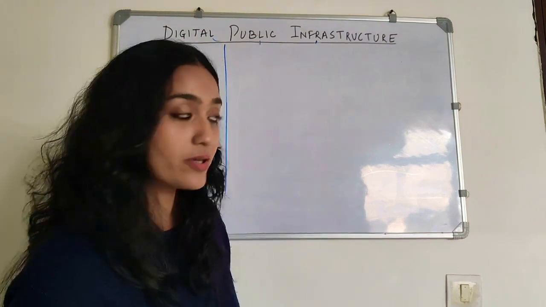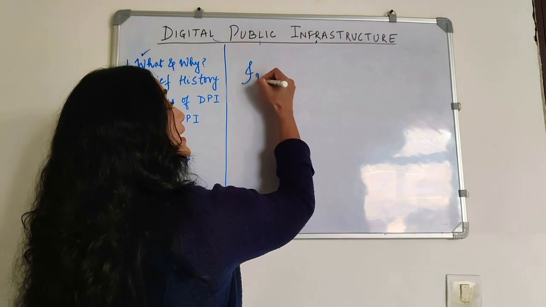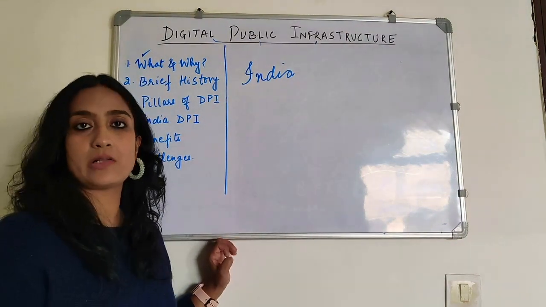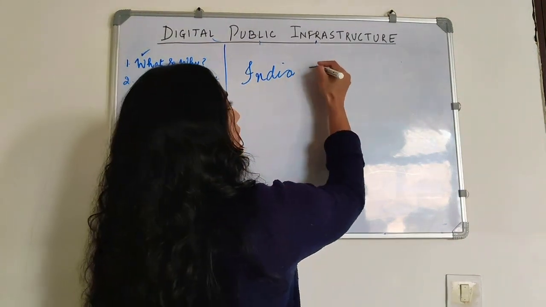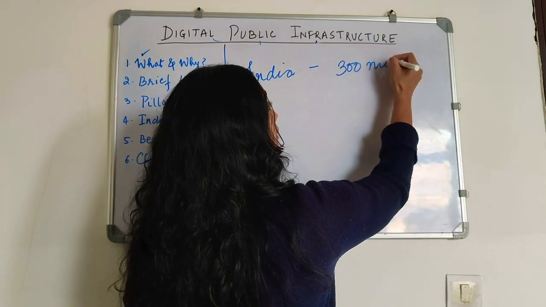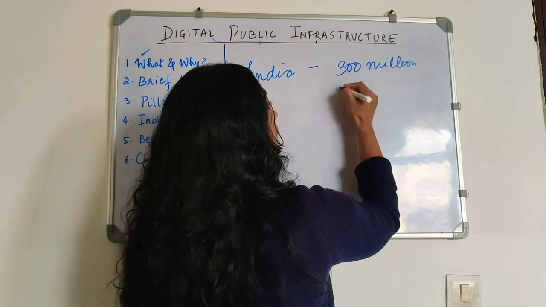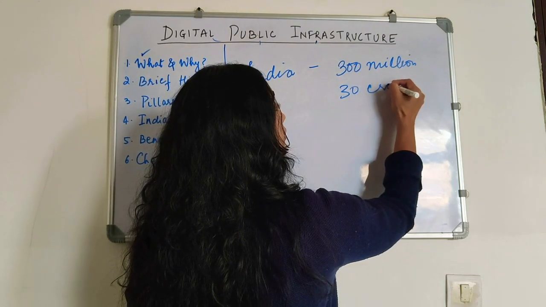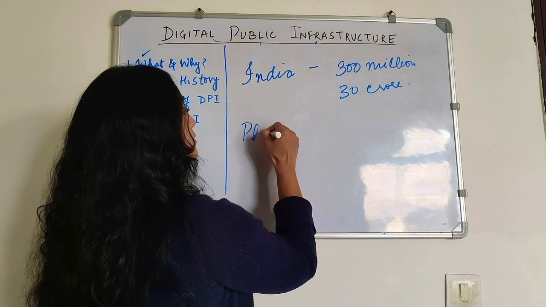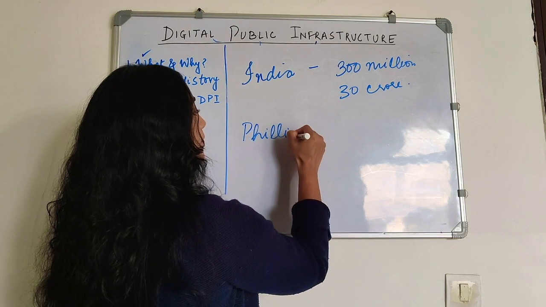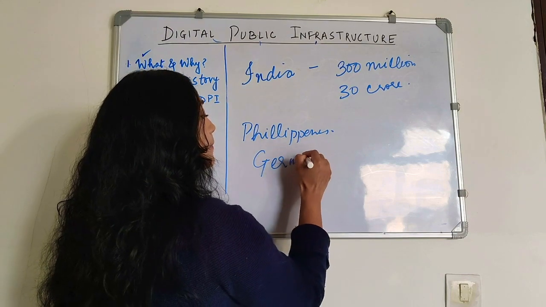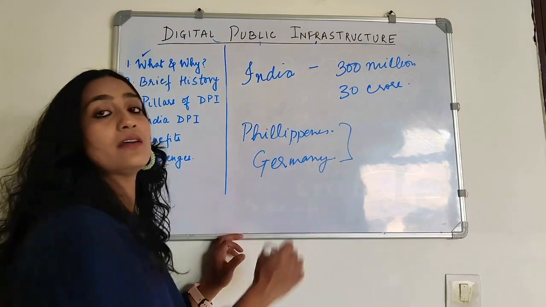Now India was one such country which did very well. India actually, within weeks of the first lockdown, was able to digitally transfer funds to over 300 million people, which is like 30 crore people. On the other hand, countries like Philippines or even Germany were struggling.